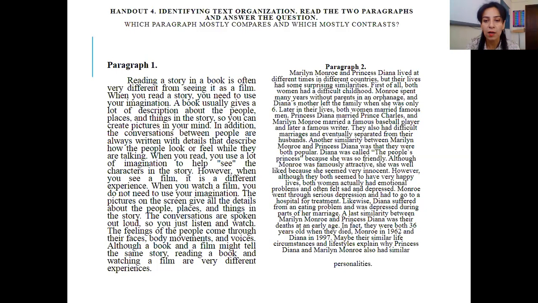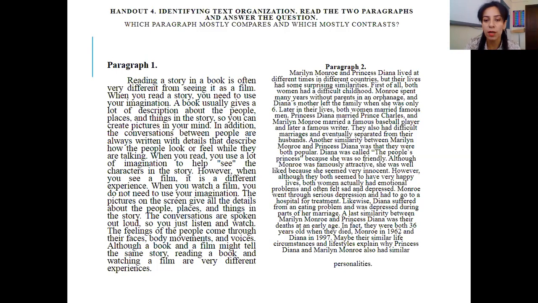Later in their lives, both women married famous men. Princess Diana married Prince Charles, and Marilyn Monroe married a famous baseball player and later a famous writer. They also had difficult marriages and eventually separated from their husbands.